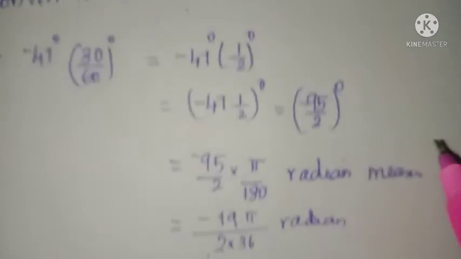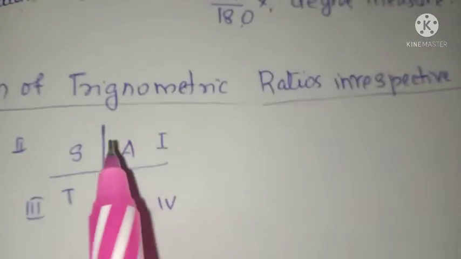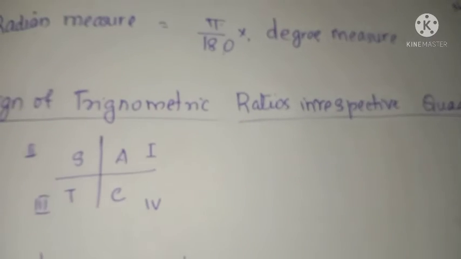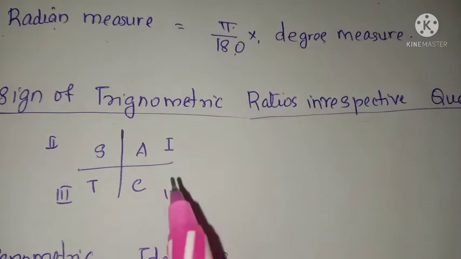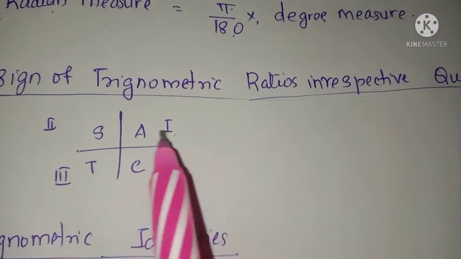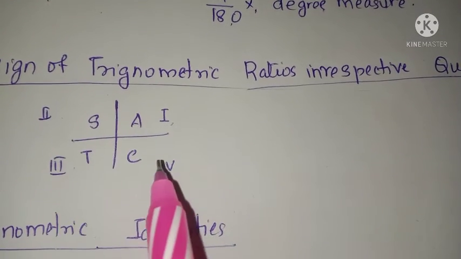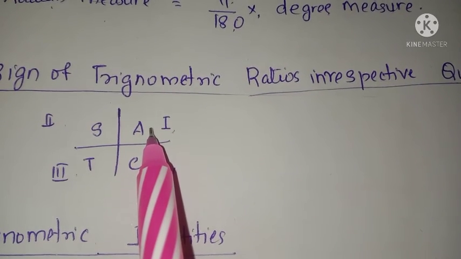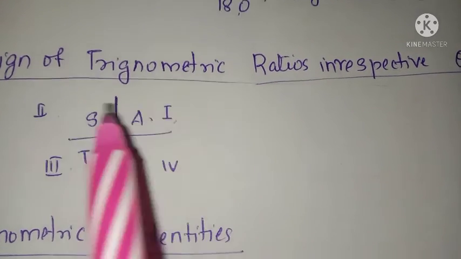Okay. Now the second topic in the chapter is sign of trigonometric ratios in respective quadrants. So in a plane there are 4 quadrants, as we know well: first quadrant, second quadrant, third quadrant and fourth quadrant. In the first quadrant all the trigonometric ratios are positive.